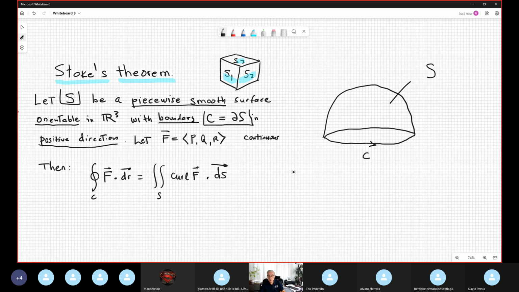if you are walking, suppose this is you. You walk around the curve in the direction indicated here, and your head points in the direction of the unit vector.